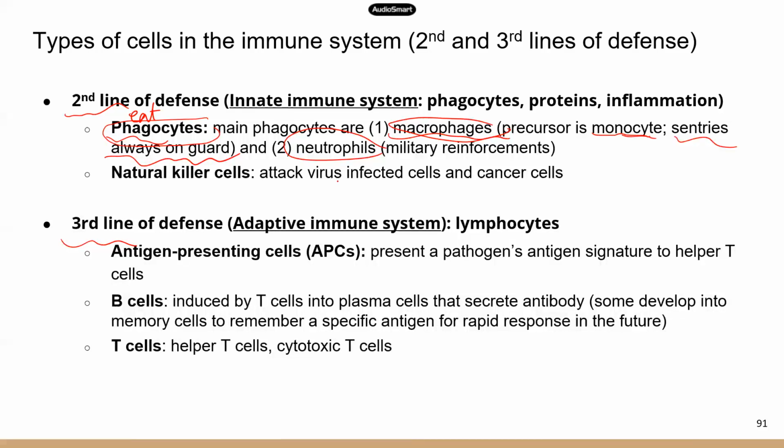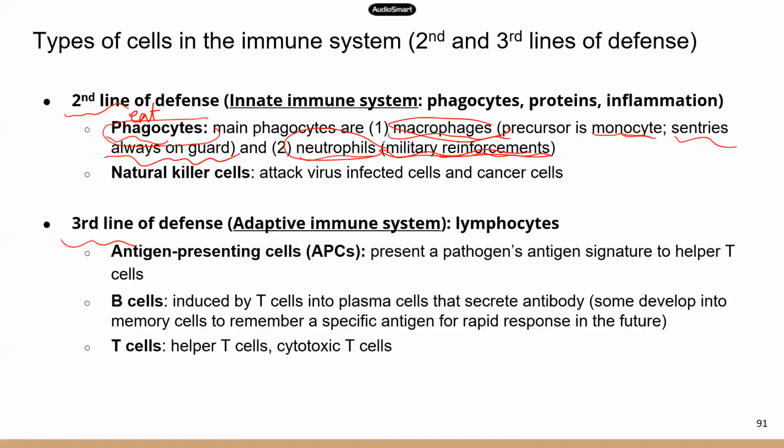So neutrophils can come to the site of injury, and they are kind of the military reinforcements. They can help macrophages to fight off the foreign pathogens. Similar to monocytes, once the neutrophil leaves the bloodstream and enters the tissue, it becomes phagocytic. It has this ability to engulf pathogens, for example, a bacterium.